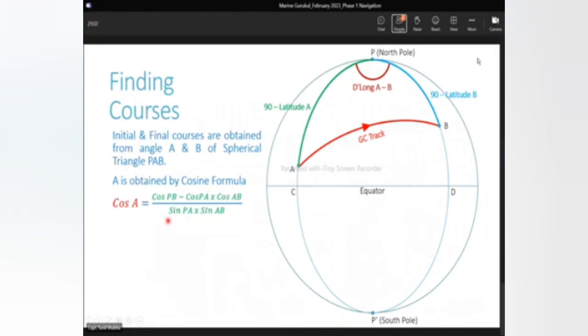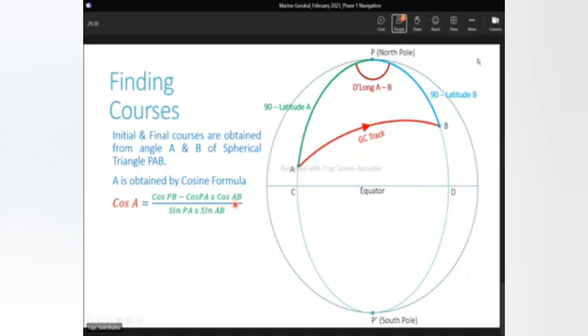So you see we have applied the cosine formula once again, this time to angle A, and you can see in this formula all the items on the right hand side which are marked in green are already known to us. We know PB, we know PA, and we know AB also. Again, a reminder to you: the AB side which we are going to use here will be the value of AB in degrees and minutes.